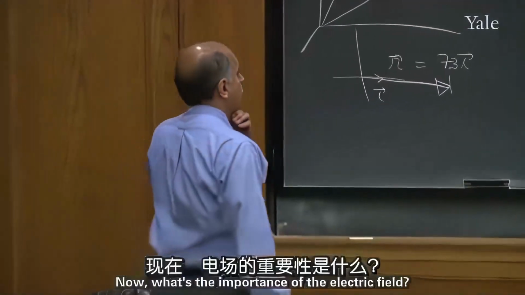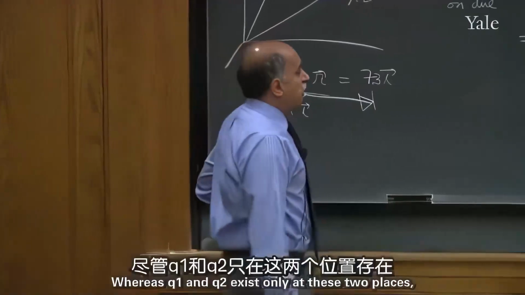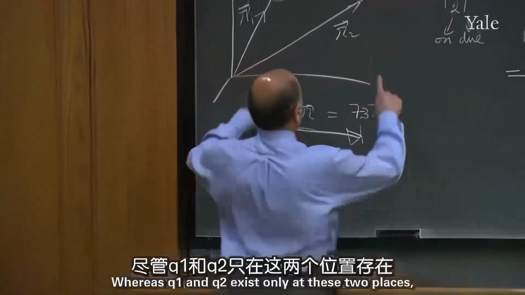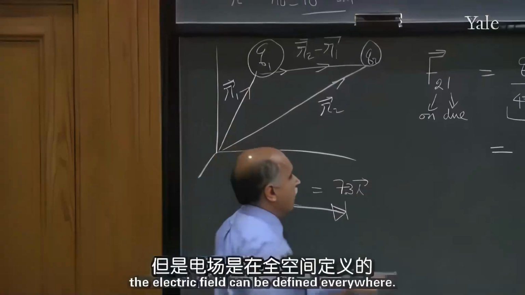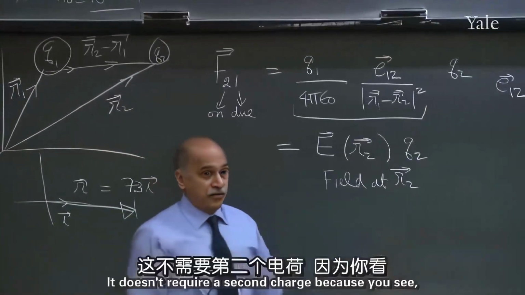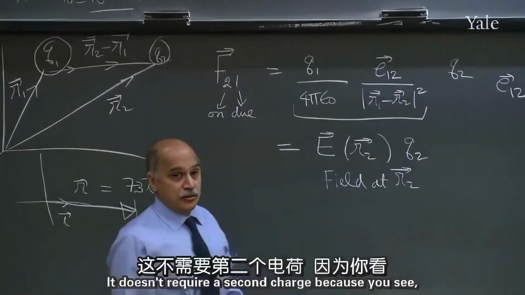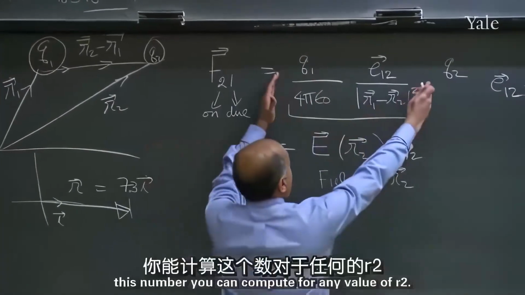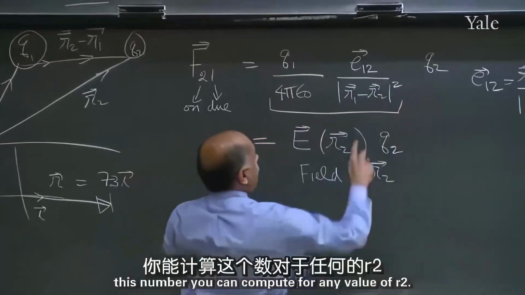Now, what's the importance of the electric field? Whereas Q1 and Q2 exist only at these 2 places, the electric field can be defined everywhere. It doesn't require a second charge. Because you see, this number you can compute for any value of R2.